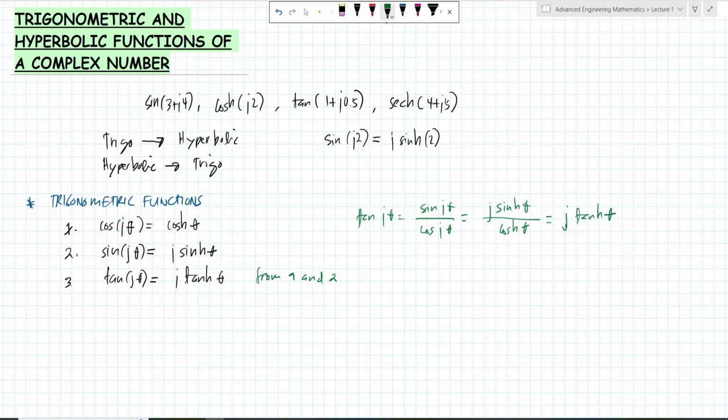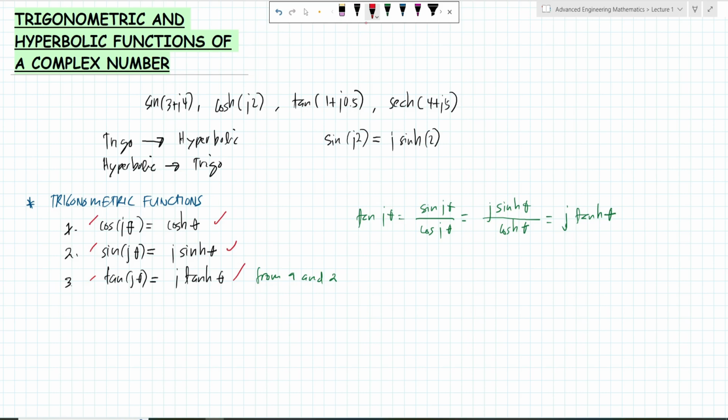These are the basic conversions of trigonometric functions to hyperbolic. Look at the left side, it is all trigo. So when a complex number is involved inside, it can be written as hyperbolic functions.